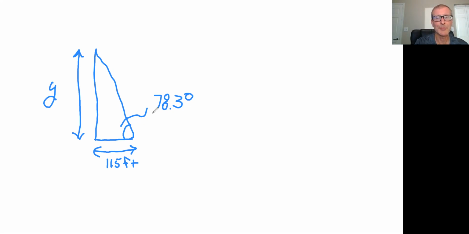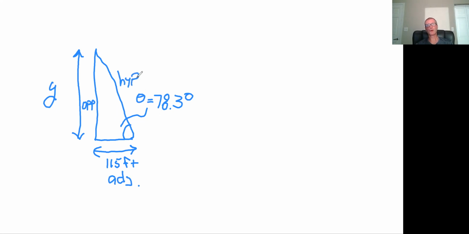So remember, this is the angle. We used theta for angle. So if this is the angle, this is the adjacent side. This is the opposite side, and this is the hypotenuse.